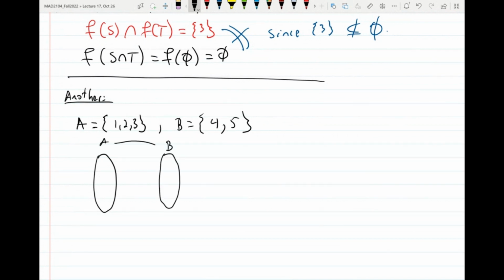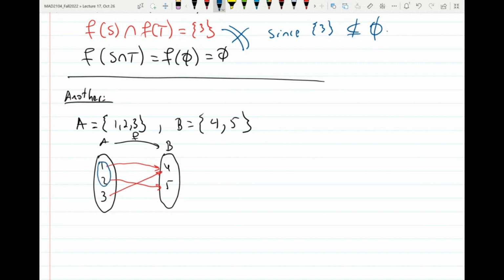So here is A, here is B. We want f to go like this: 1, 2, 3, 4, 5. I'm going to send 1 to 4, 2 to 5, and then 3 to 4.